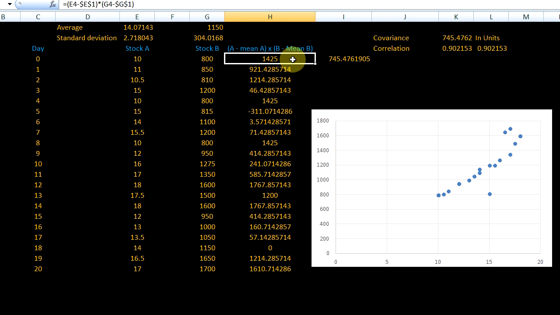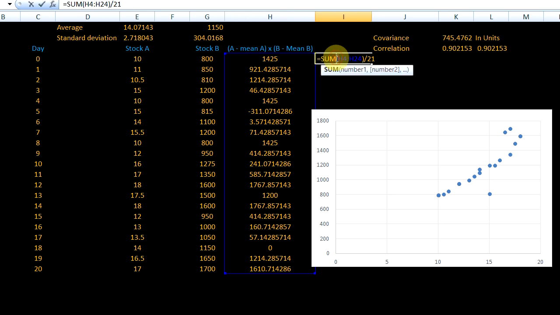I've taken the value of stock A and deducted it from the average of stock A, that's the mean, and then multiplied it by stock B minus the mean of stock B. So I calculate the value for all the observations, and then finally I sum all of them and divide by 21 because we have 21 observations.